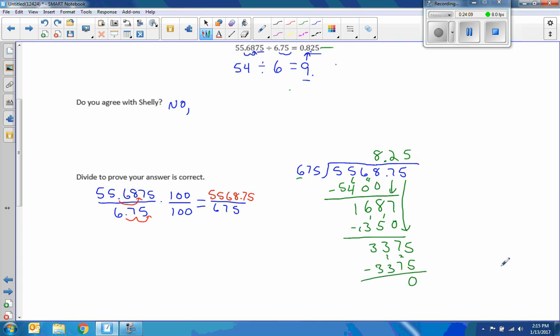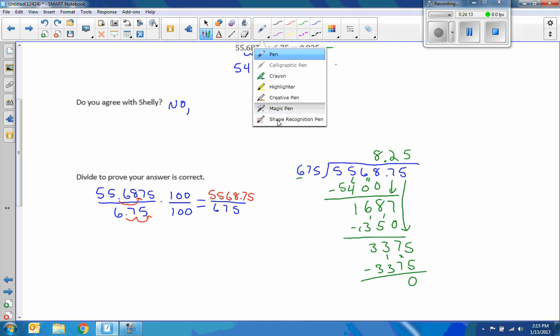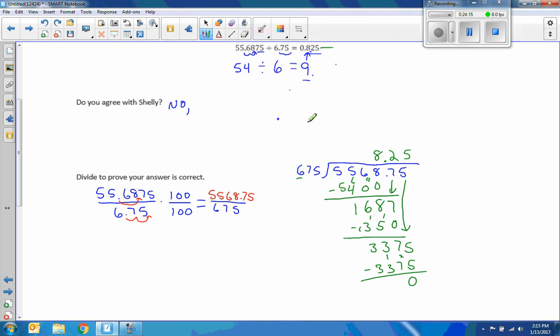Subtract, and we get no remainder. And the answer is, let me use my shape recognition pen. So, there's my answer: 8.25.